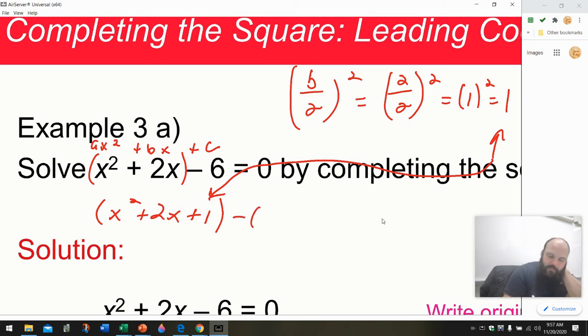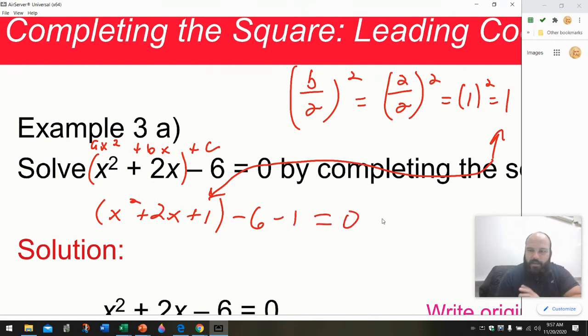Now we still have the minus 6, but if you remember anything about equations, if you add a number to one side of the equation, unless you add the number to the other side or compensate for it somehow on the same side, you change the equation. We can't change the equation. We've got to keep the equation the same. So because we put this plus 1 on the inside right here, we are going to put a minus 1 on the outside.